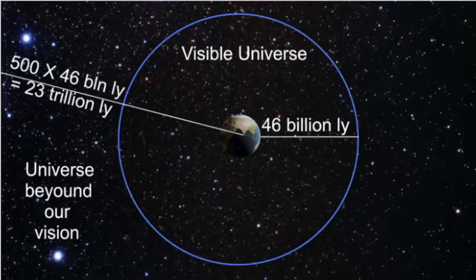Our first slide is talking about the visible universe. The visible universe is a sphere with a radius of 46 billion light years.